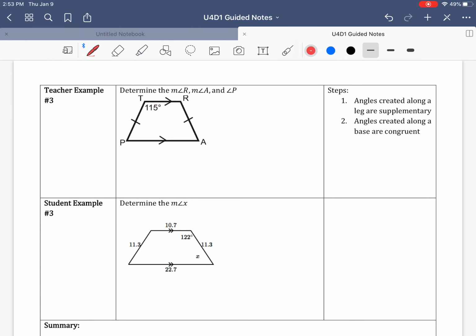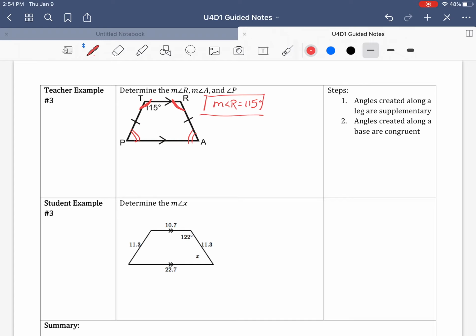So teacher example number 3 asks us to find the measure of angle R, A, and P. Now, one of our properties is that this angle and angle R are congruent, and also that angle P and angle A are congruent. So that means we know right off the bat the measure of angle R equals 115 degrees.